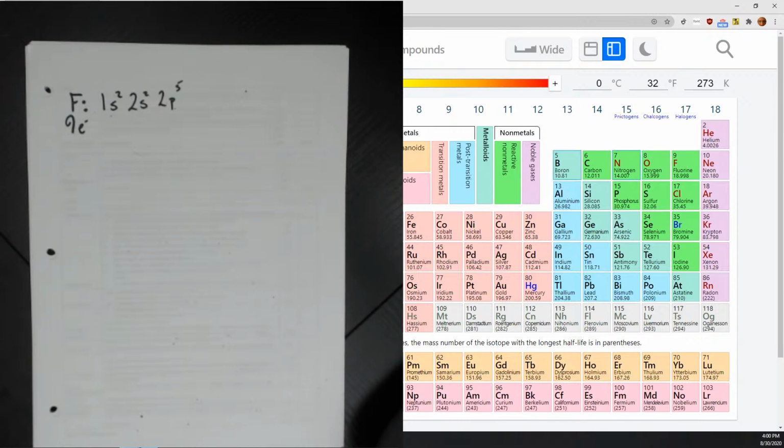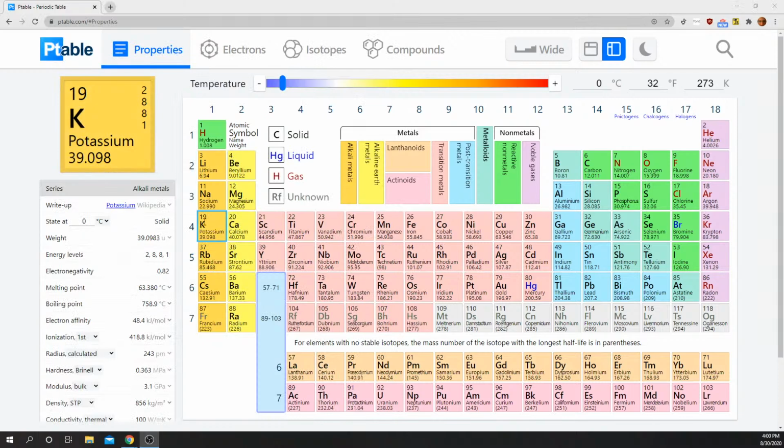Now titanium. It is right here, 22 electrons. It's got 4s and then 3d. Okay, so that is where we're going to stop. 4s2, 3d2.